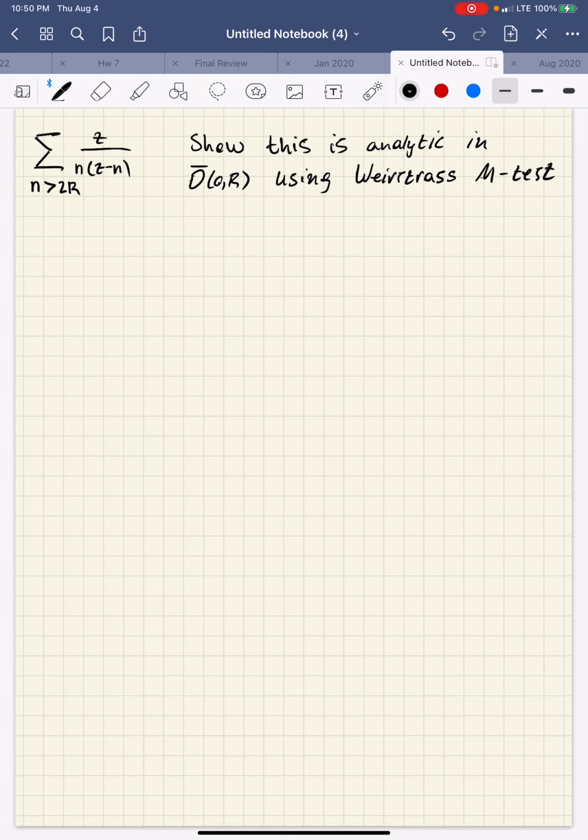It asks us to bound the absolute value of this series above by something that is convergent. That's all we've got to do. So let's look at this series in absolute value, with n strictly greater than 2r. We've got the absolute value of z over n times z minus n.